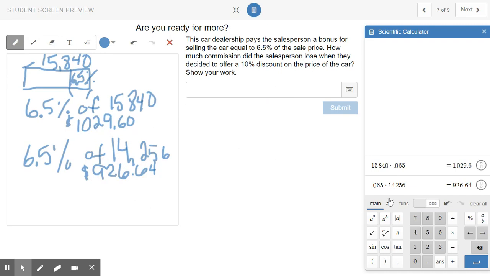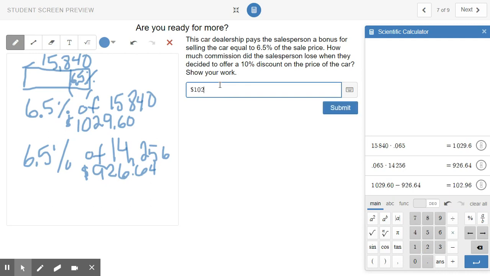Had they sold it at regular price, they would have made $1,029.60. However, if they sold it for the discounted price, they made $926.64. And so that tells me the difference between the two is that they lost out on $102.96. Let's submit that. All right, very good. We got it.